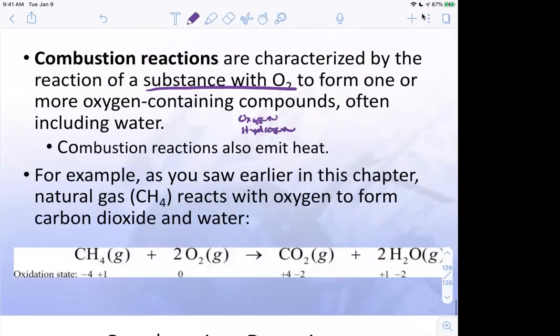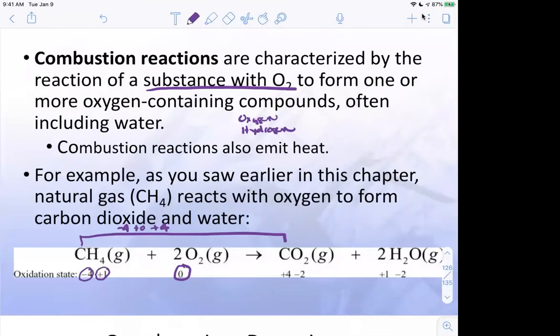So we saw before that methane reacts with oxygen to form carbon dioxide and water. Well, if I assign oxidation states, I'm going to notice that hydrogen is a +1, which means there's 4 of them. Carbon has to be -4. This is elemental oxygen, so it's a 0 charge. And in carbon dioxide, the carbon actually goes from a -4 to a +4.